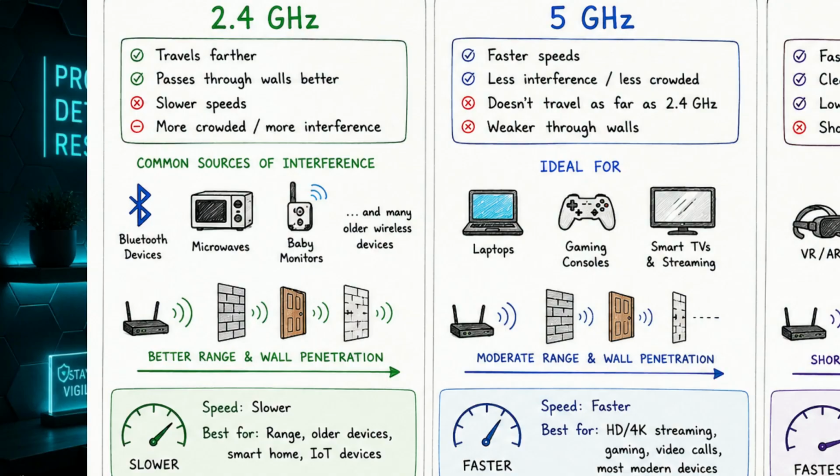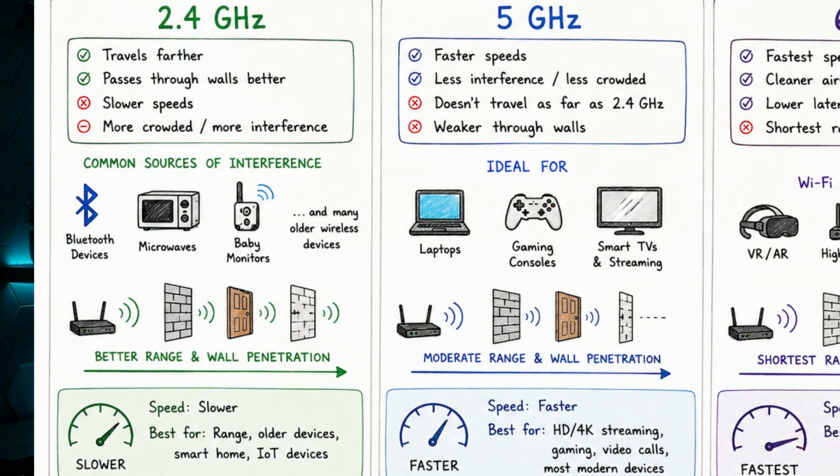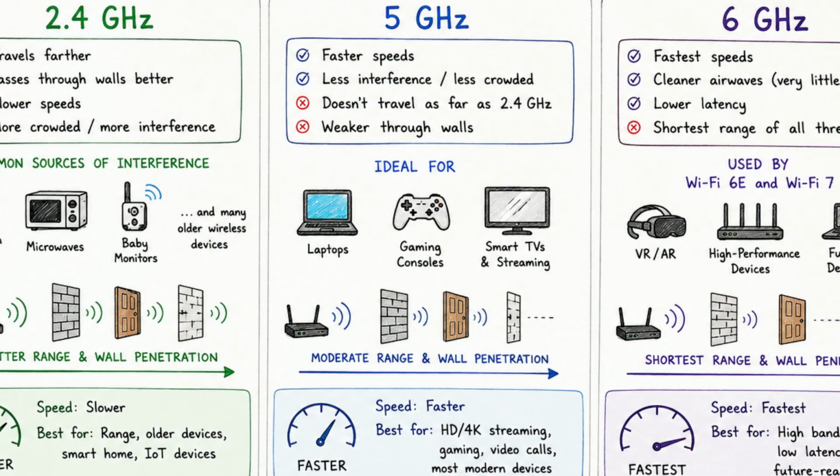Now the downside is that it's much slower and much more crowded. So things like Bluetooth devices, microwaves, baby monitors, and many older wireless devices all operate on 2.4 GHz. Next up is 5 GHz. It doesn't travel quite as far, but it offers much faster speeds and significantly less interference. This is why many laptops and gaming consoles prefer connecting to the 5 GHz network whenever possible.